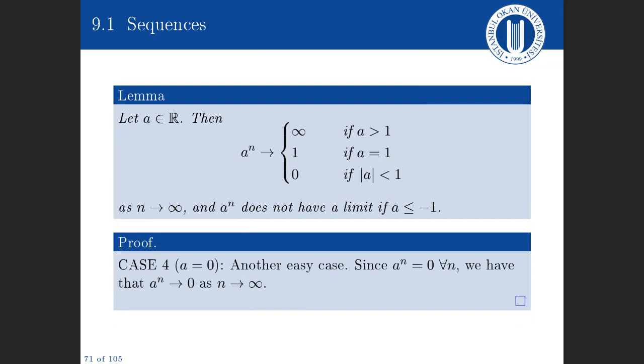If a is equal to 0, another easy one, we just have the sequence 0, 0, 0, 0, 0, 0, which has limit 0.